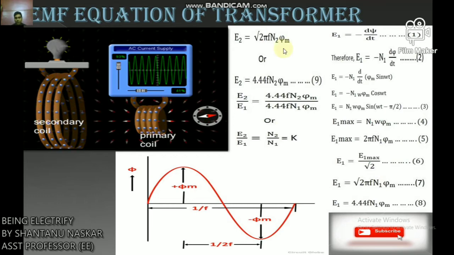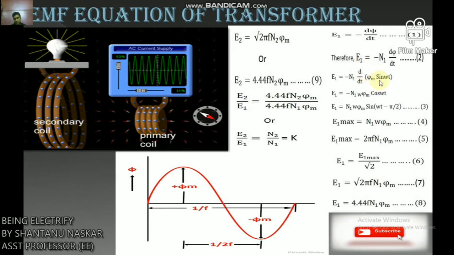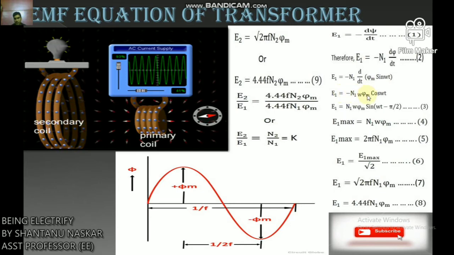Now E1 equals minus N1 d(phi m sin omega t) by dt. Taking the derivative with respect to time, E1 equals minus N1 omega phi m cos omega t.